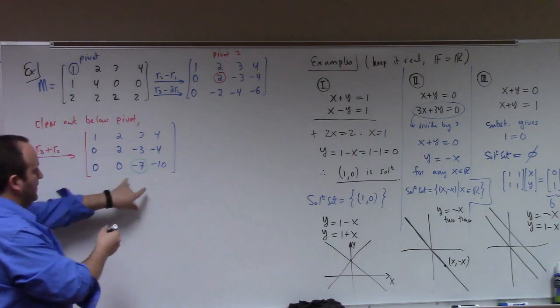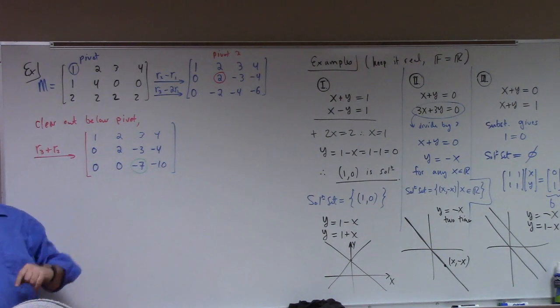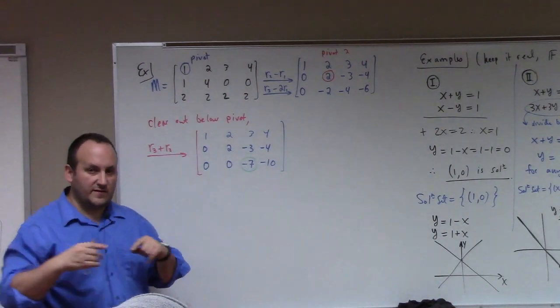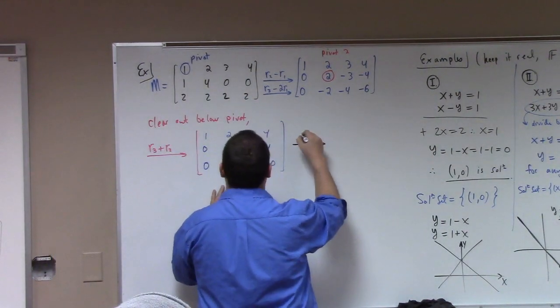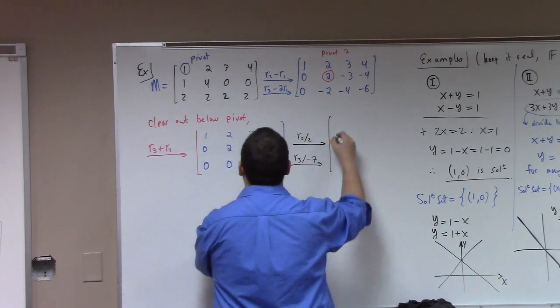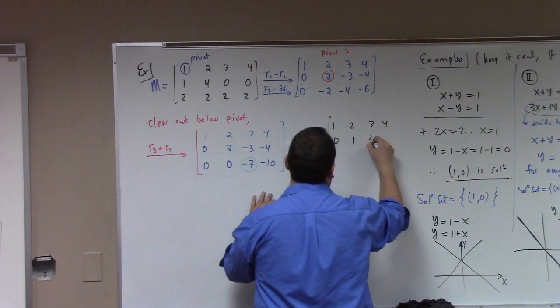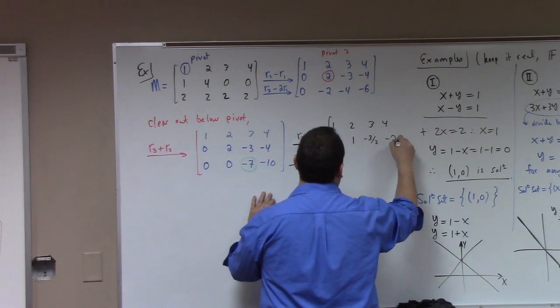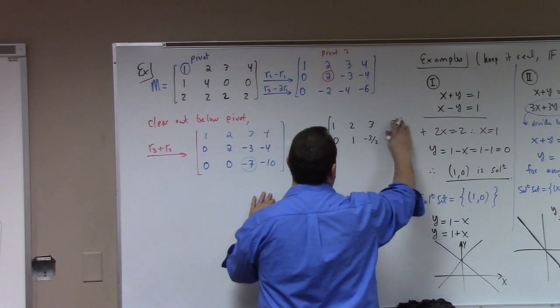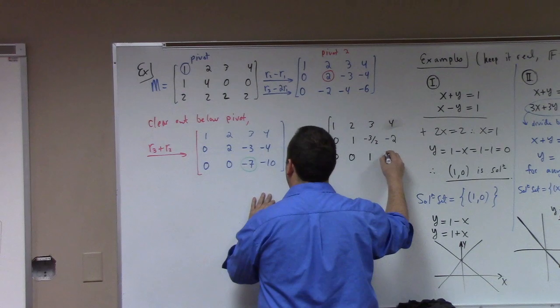So at this point, the row echelon form depends on what you're reading. Some people might already say that this is in row echelon form. Other people would insist that row echelon form has to have the following. So row 2 divided by 2, row 3 divided by minus 7. You get 1, 2, 3, 4, 0, 1, minus 3 halves, minus 2, and 0, 0, 1, 10 sevenths, yeah?